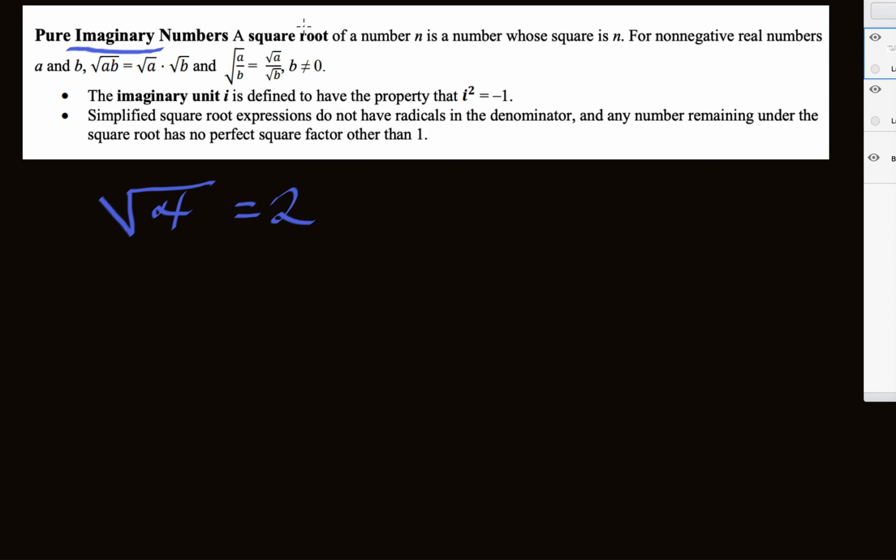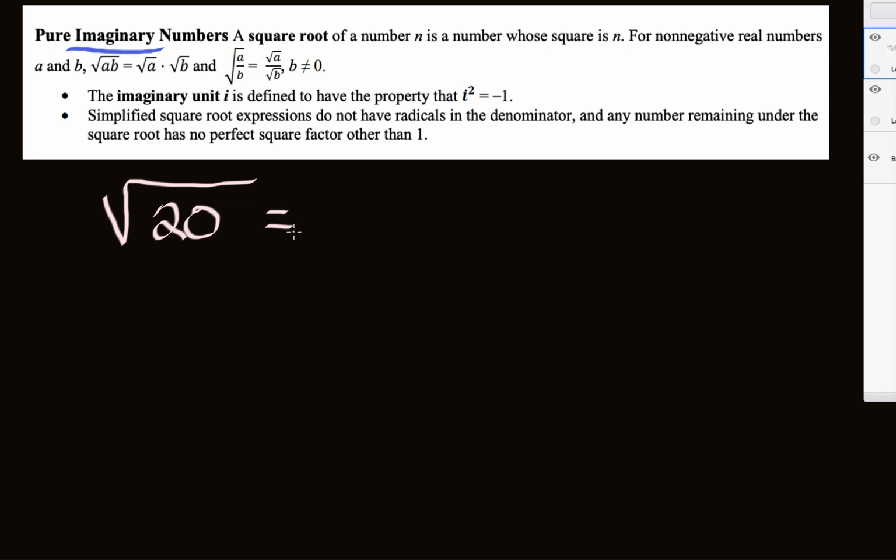Now, that's not a big deal. But what if we have the square root of a number, but it's not a perfect square? Let's do the square root of 20. We're talking about factors of 20: 10 and 2, 20 and 1, and 5 and 4.